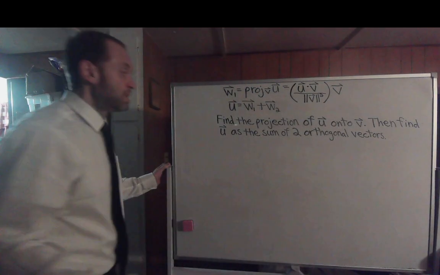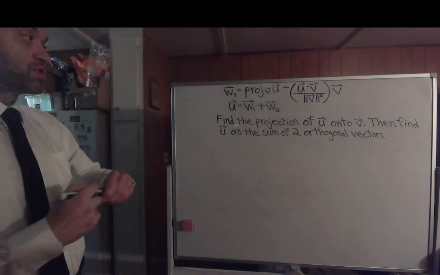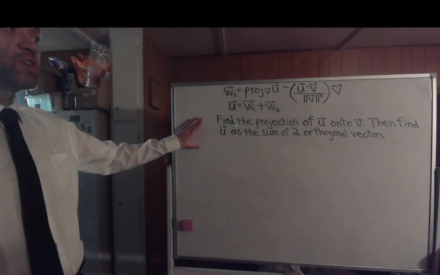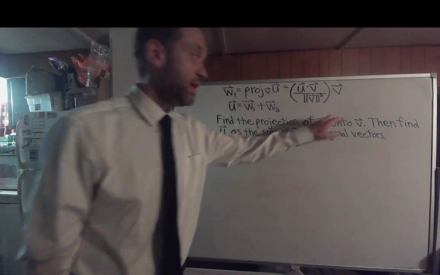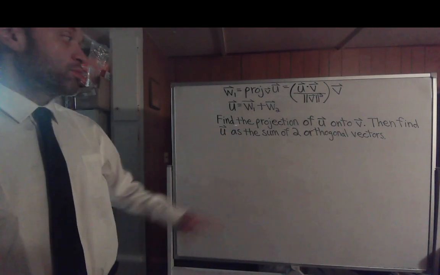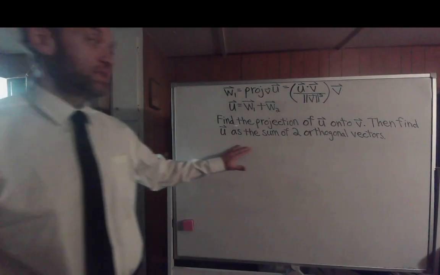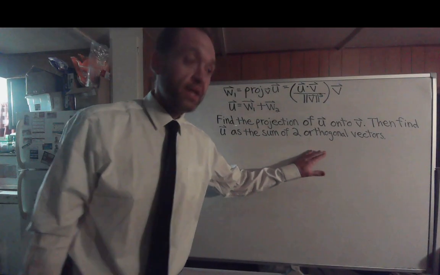Okay, so that's what we're doing here. So we're going to find the projection of vector u onto v. Once we do that, we're going to find vector u as the sum of two orthogonal vectors.